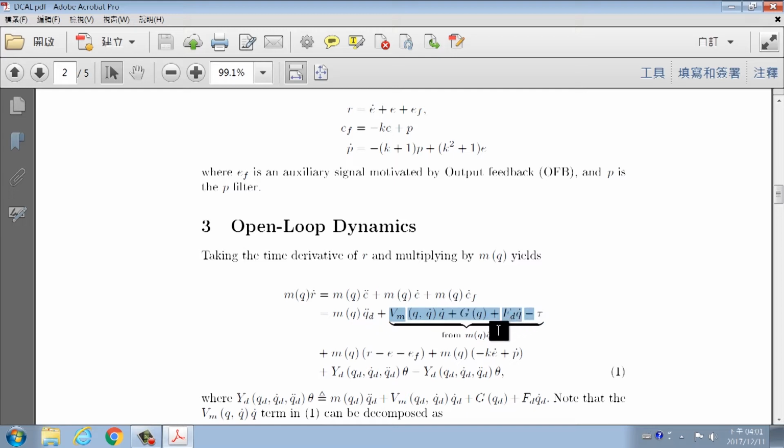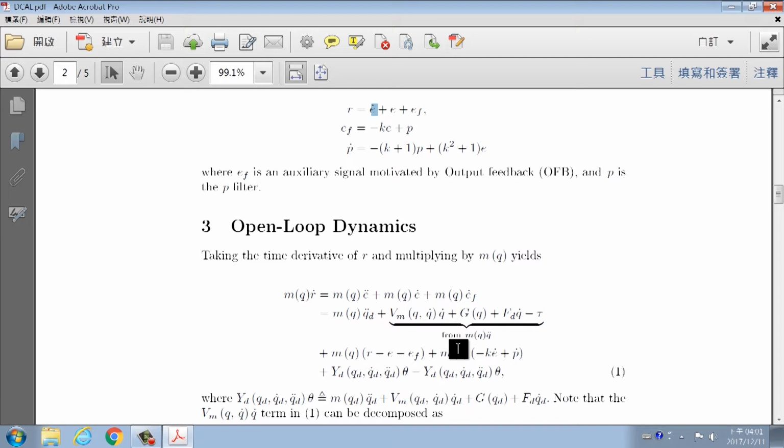So this part is MQ double dot. And E dot, according to this, is equal to R minus E and EF.